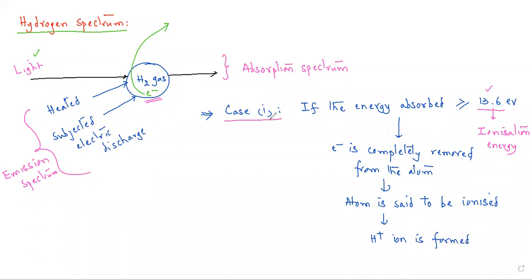But what if the energy supplied is less than 13.6 electron volts? Of course, the electron cannot just go out of the atom because you have not given its ionization energy, the energy that is sufficient enough to go out of the atom. It will remain in the atom. Let me tell you what happens. Coming to case 2.